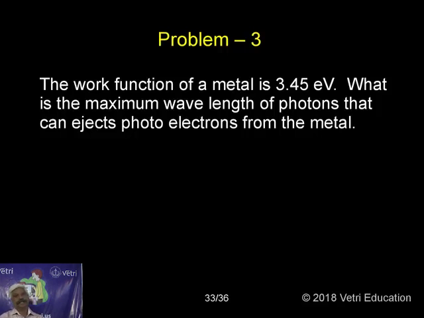The incident energy not only produces the electron, but a large amount of energy is utilized to increase its kinetic energy. The amount of energy utilized for the ejection of the electron is called the work function.